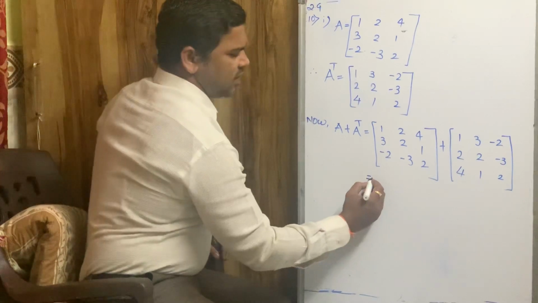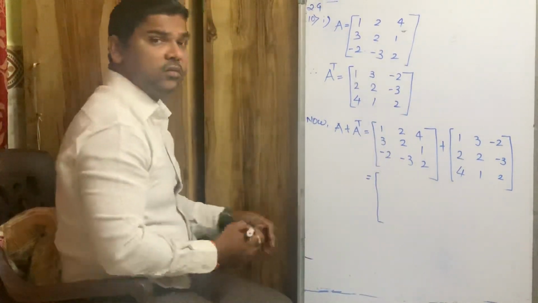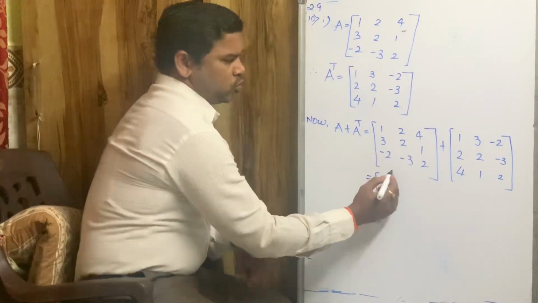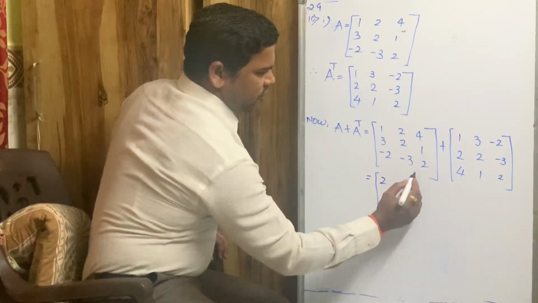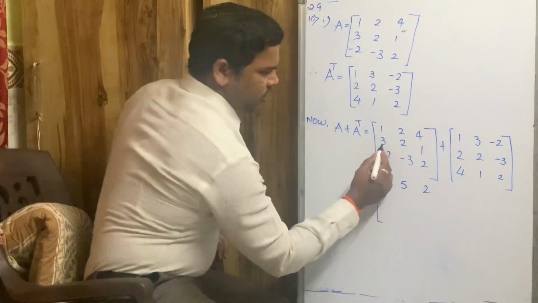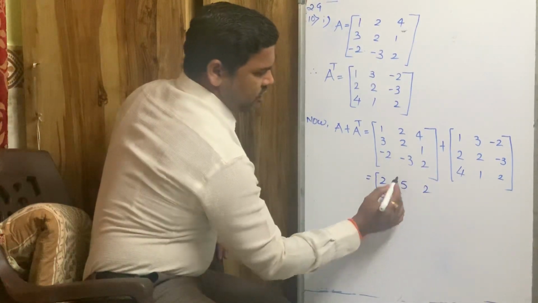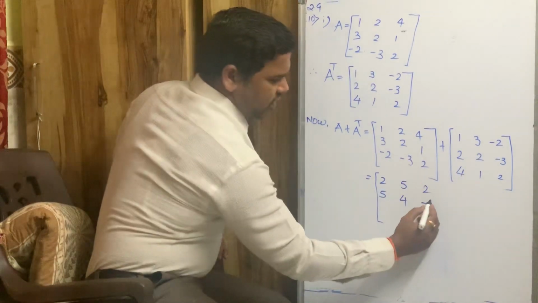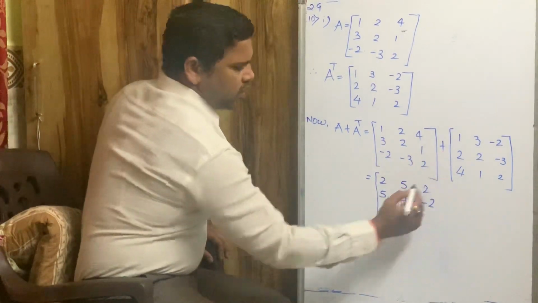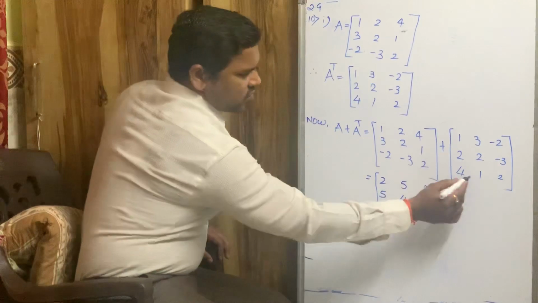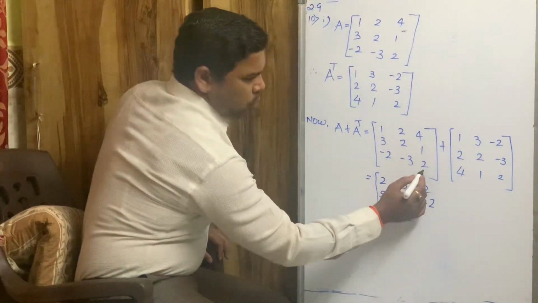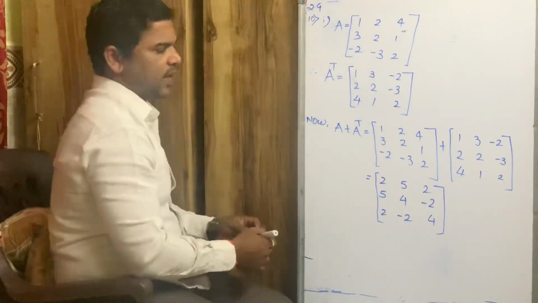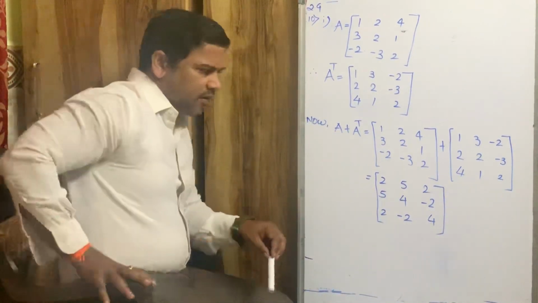Just add these two matrices. After adding: 1 plus 1 is 2, 2 plus 3 is 5, 4 minus 2 is 2, 3 plus 2 is 5, 2 plus 2 is 4, 1 minus 3 is minus 2, minus 2 plus 4 is 2, minus 3 plus 1 is minus 2, 2 plus 2 is 4. So we got A plus A transpose as this matrix.